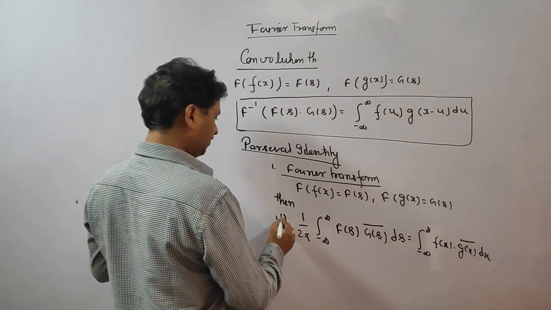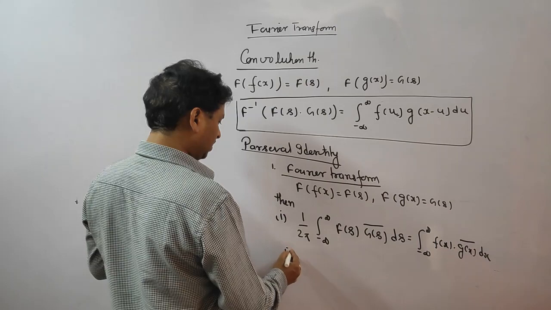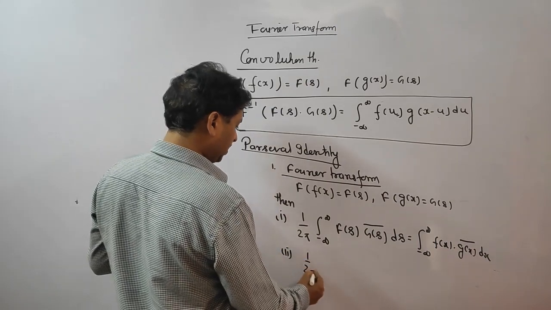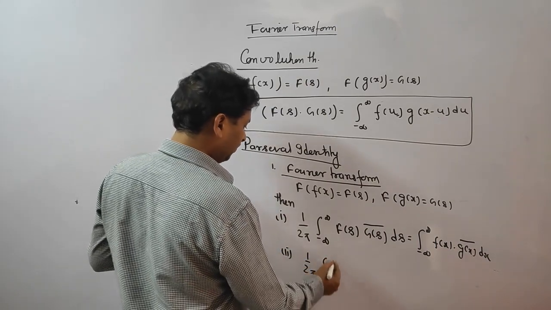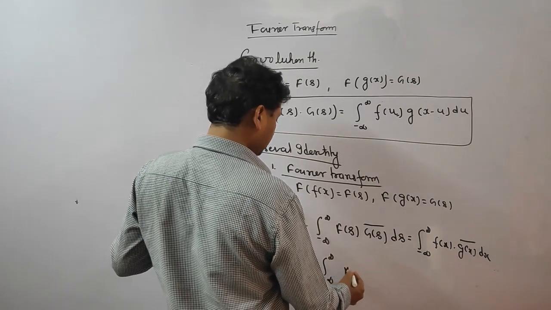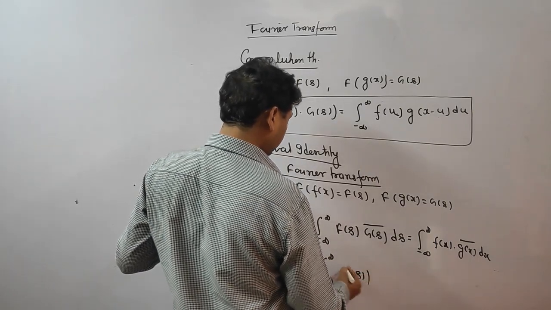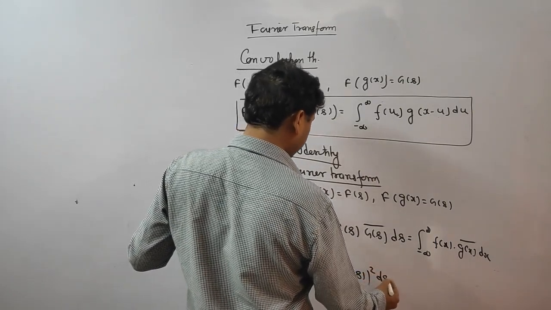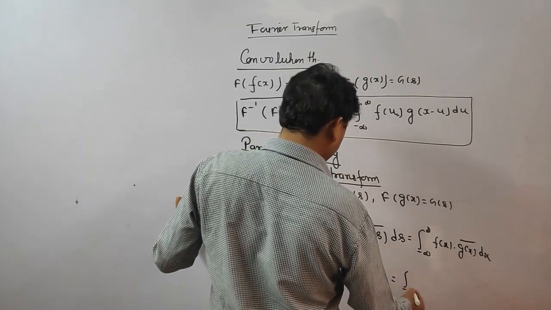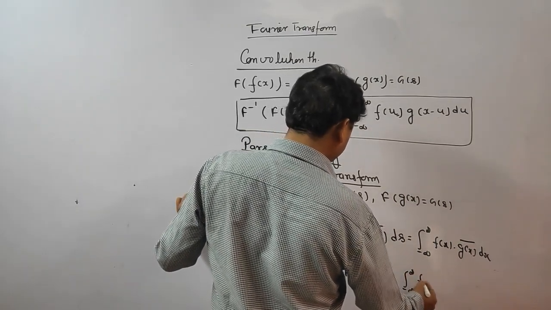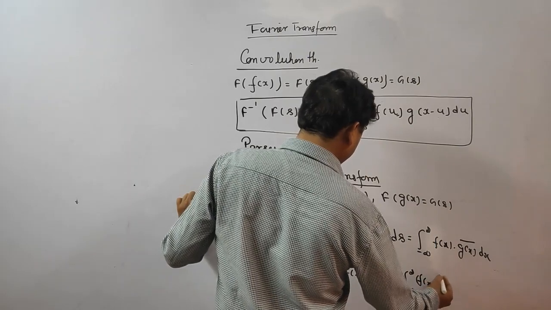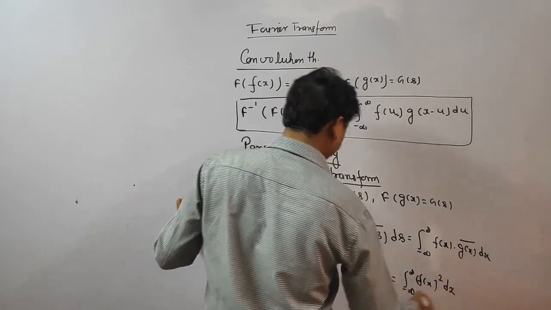This is the first part, and the second part is 1 upon 2 pi, integral from minus infinity to infinity of |F(s)| whole square ds, is the integral from minus infinity to infinity of |f(x)| whole square dx.